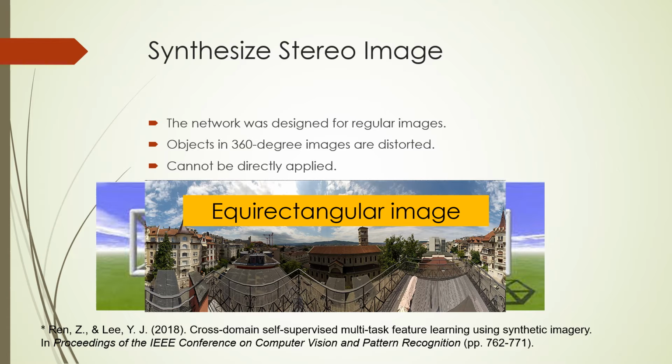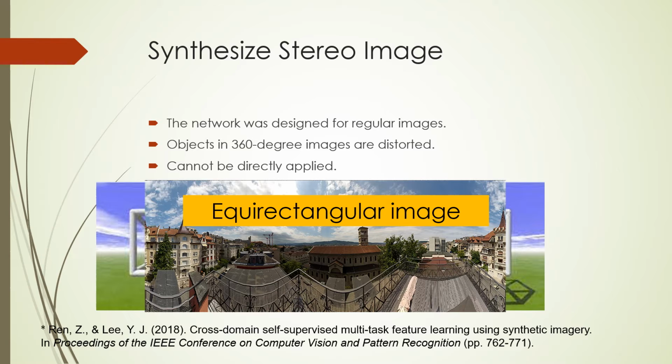However, the network proposed in the related work cannot be directly applied to our case, because their network was designed for regular images, while in our case we have 360-degree images. And in order to feed a 360-degree image to the neural network, we first need to convert the image into an equirectangular image, as shown in the figure below.